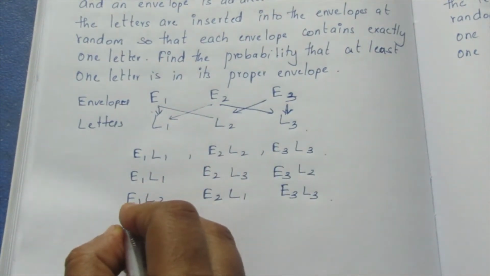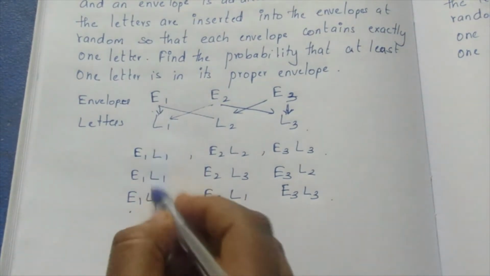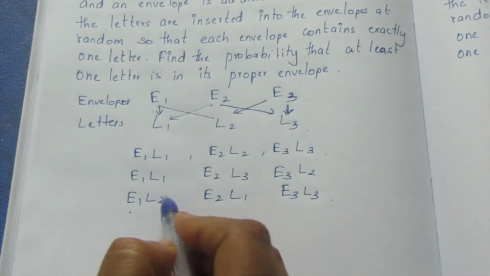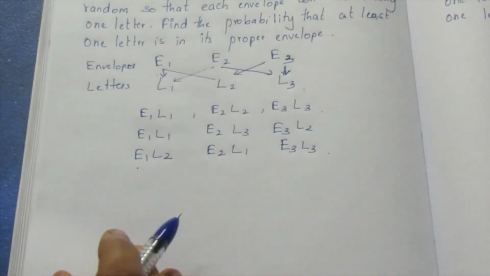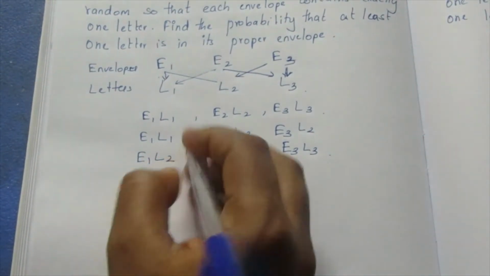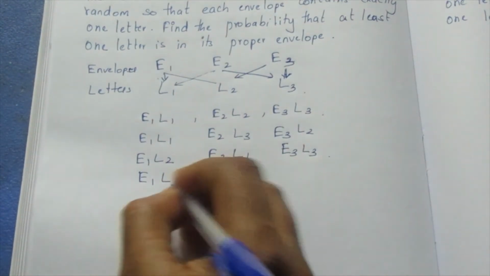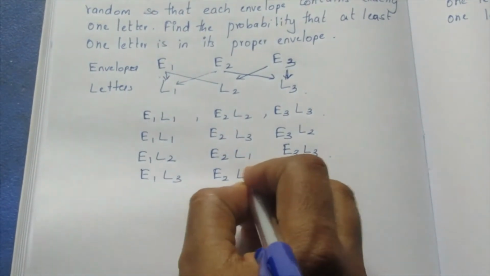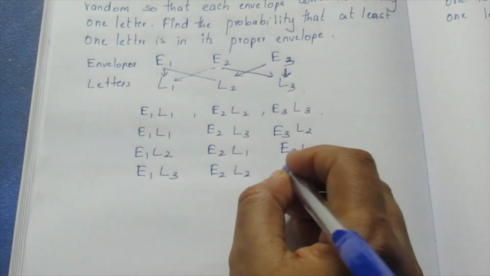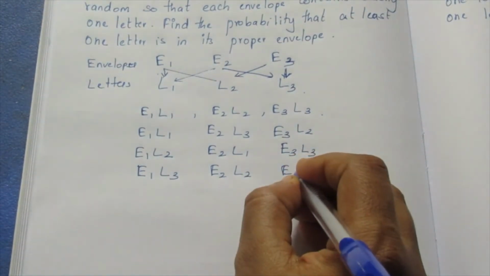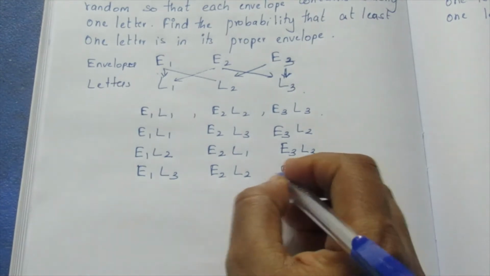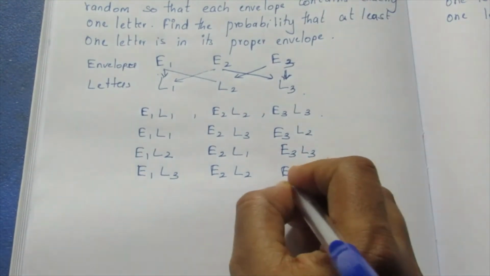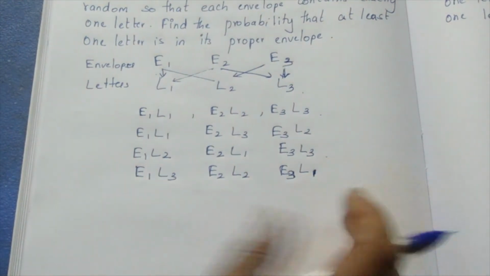Now all the E1 with L1 we have completed, and E1 can also have L3. So E1 L3, E2 can have L2, and E3 L1.